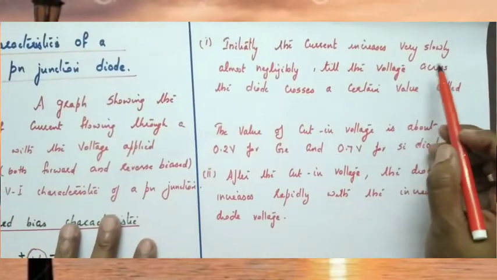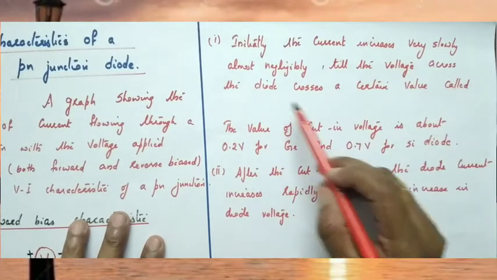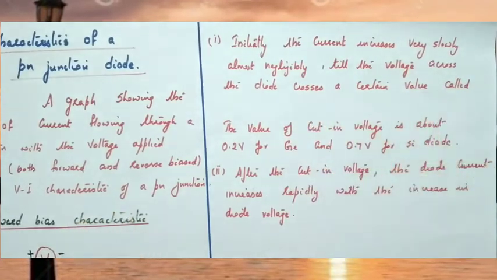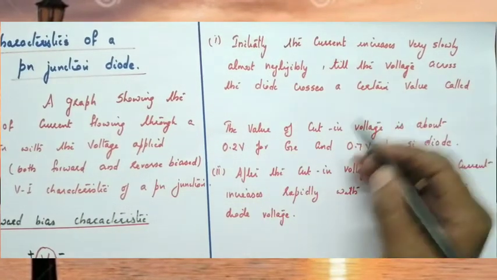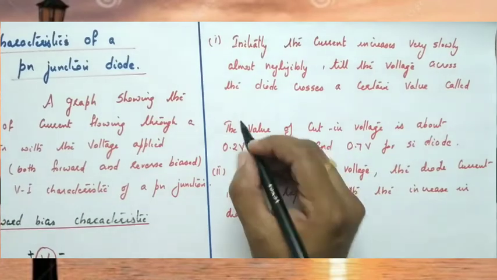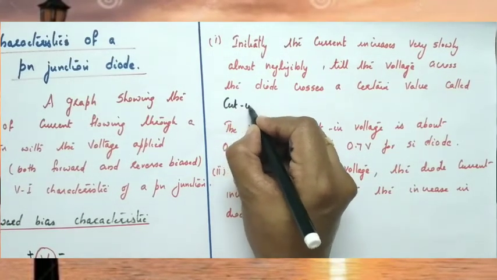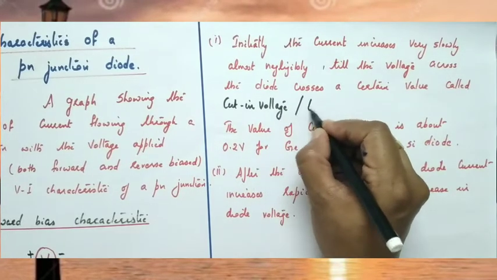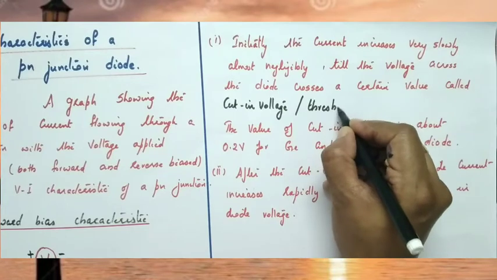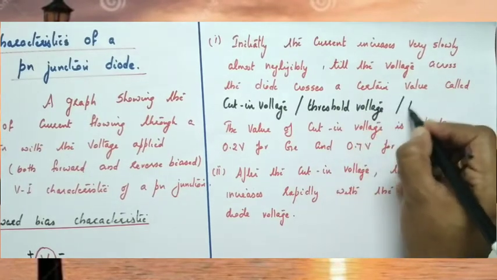Initially the current increases very slowly, almost negligibly, till the voltage across the diode crosses a certain value, and that value is almost equal to the barrier voltage. In the graph it is called the cut-in voltage, or otherwise the threshold voltage, or also the knee voltage.